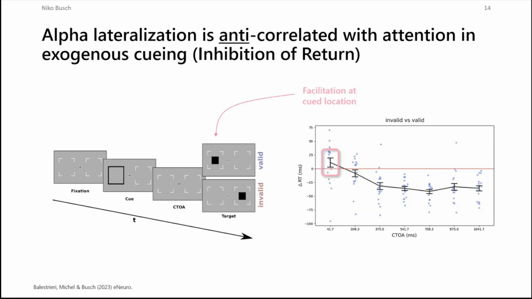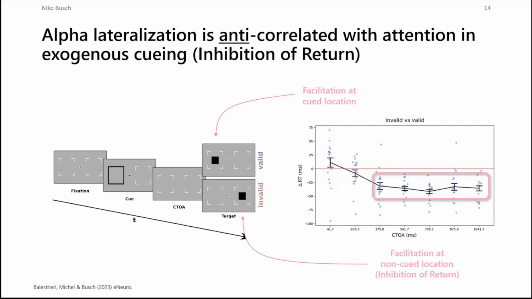And what we find, and it's really just a replication of a well-known effect, is that when the target immediately follows the cue, response times are slightly faster at the cued location. It's early facilitation.